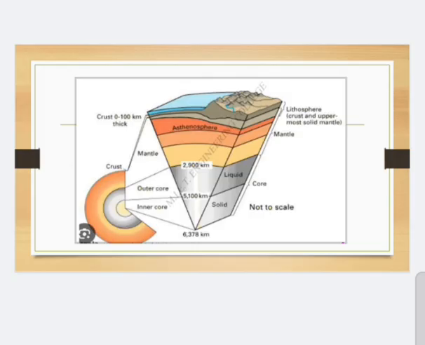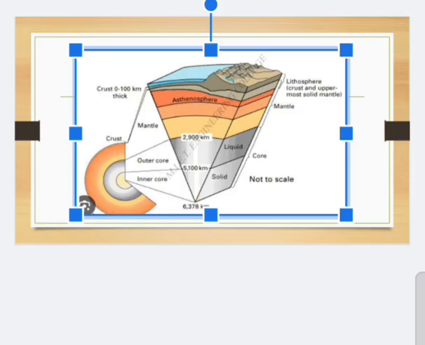So there are two parts, the outer core and the inner core, and the portion above, the orange side portion, is the mantle. The mantle is the mid portion and the portion above it is the crust.